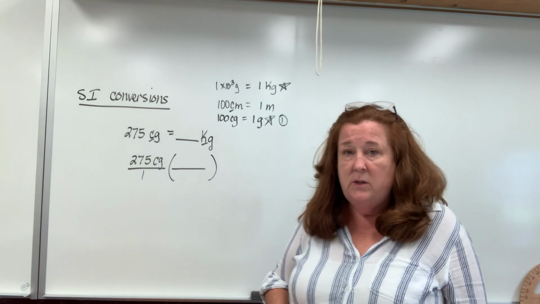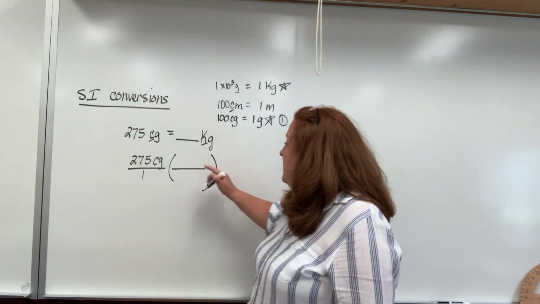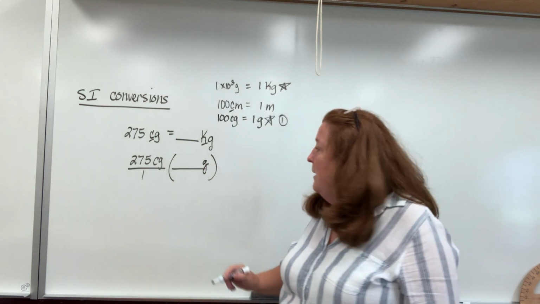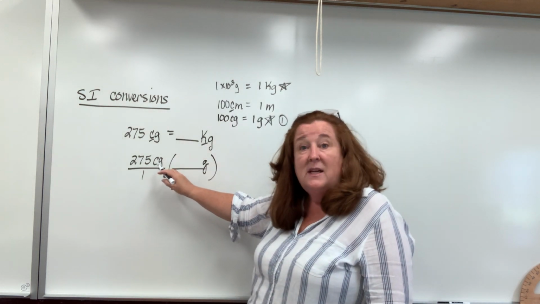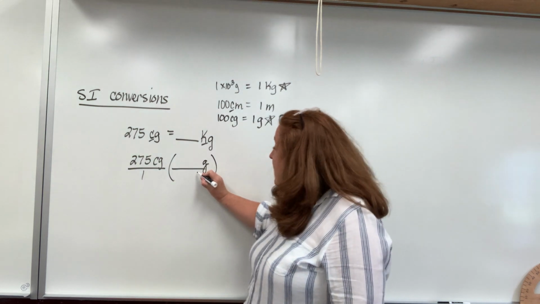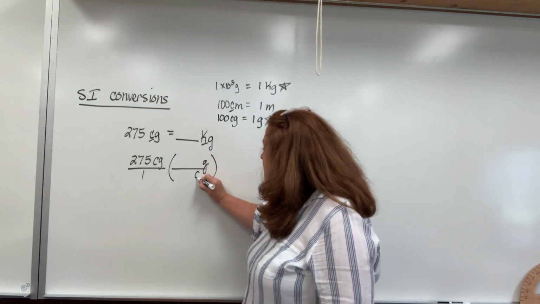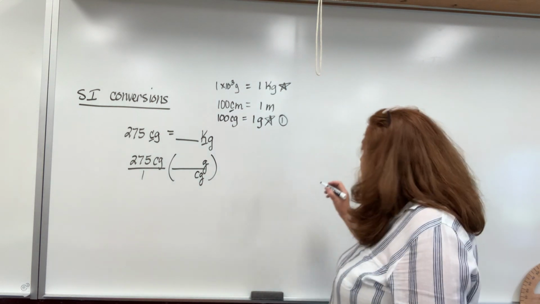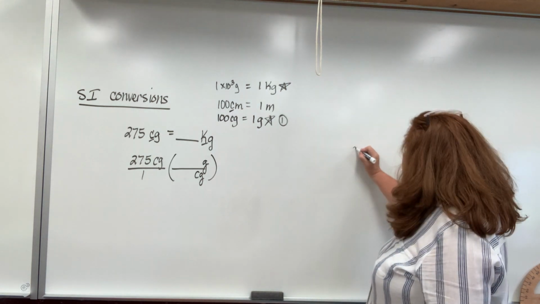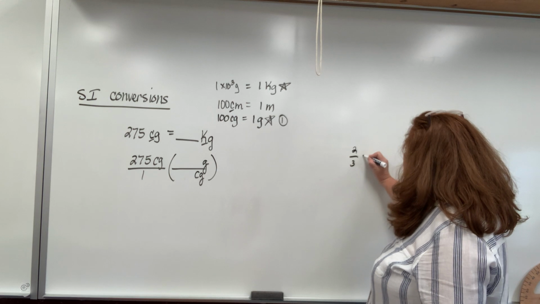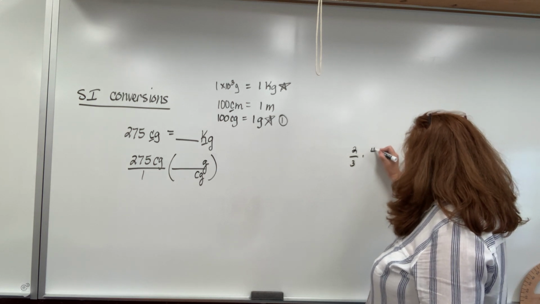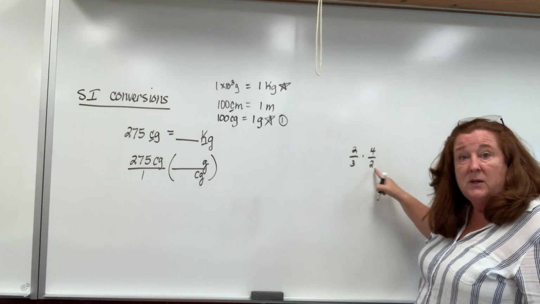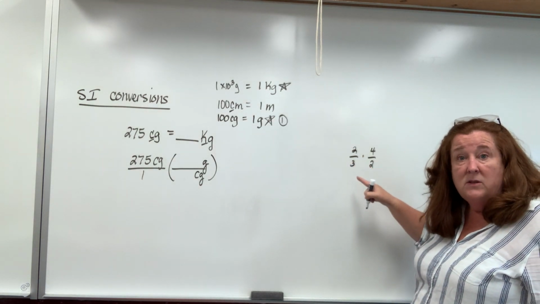The very first thing I do is I put the grams in the top part because that's what I'm trying to get in this step. I'm trying to get rid of centigrams. Centigrams will cancel out if I put another centigram down in the bottom of my conversion factor. This is kind of like in math class, if we had 2 over 3 and we were going to multiply it by 4 over 2, this 2 and that 2 would cancel out because one would be in the numerator and one would be in the denominator.